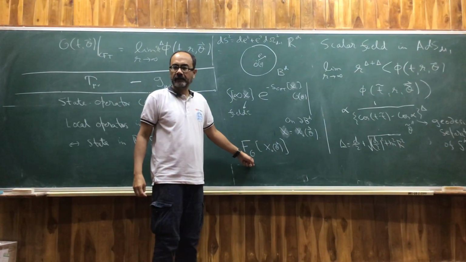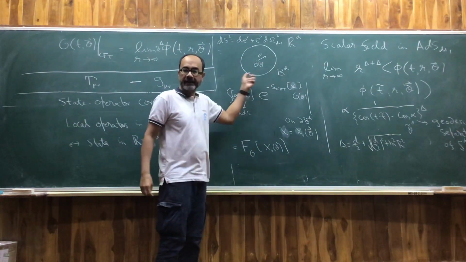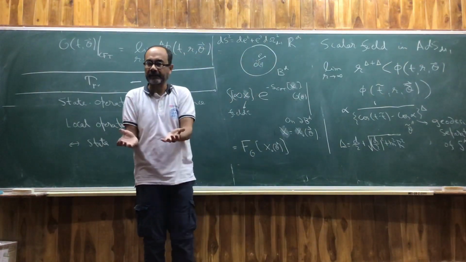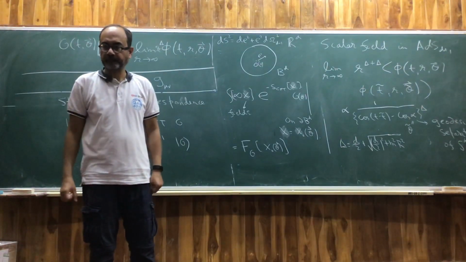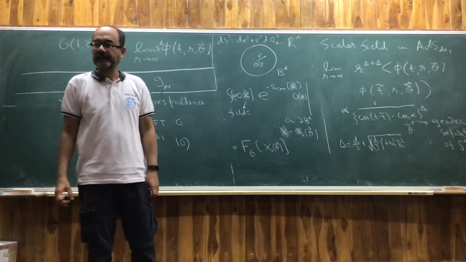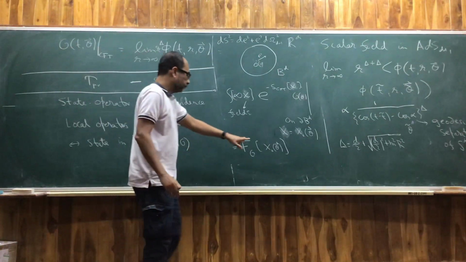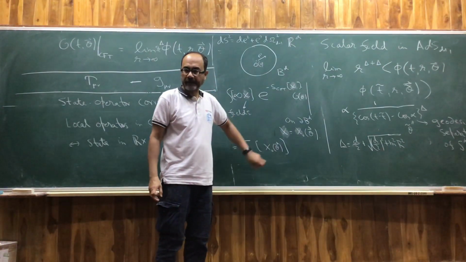It also depends on the location of the insertion, the origin. This is a ball, right? A unit sphere, and you have put the operator at the origin. Is this clear? Okay. So a functional of the fields on S^{d-1}.